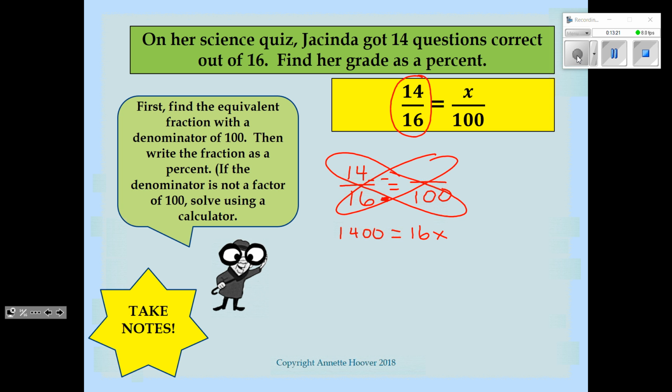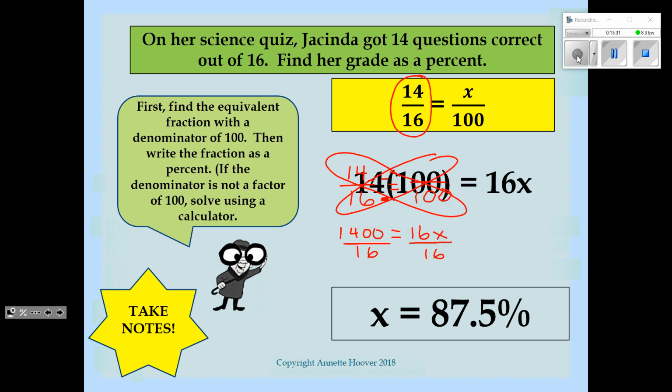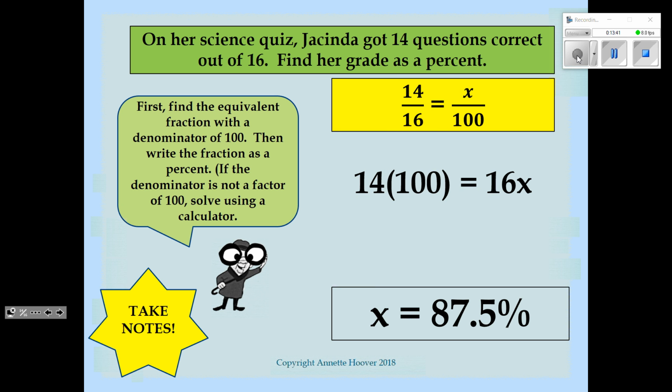And now to solve for x, we divide both sides by 16. If you don't know that, you can do that with your calculator. And 1400 divided by 16 would be 87.5%. So sometimes you have to use the proportion method because there is not a number that you can multiply the denominator by to get 100, and it has to be 100.